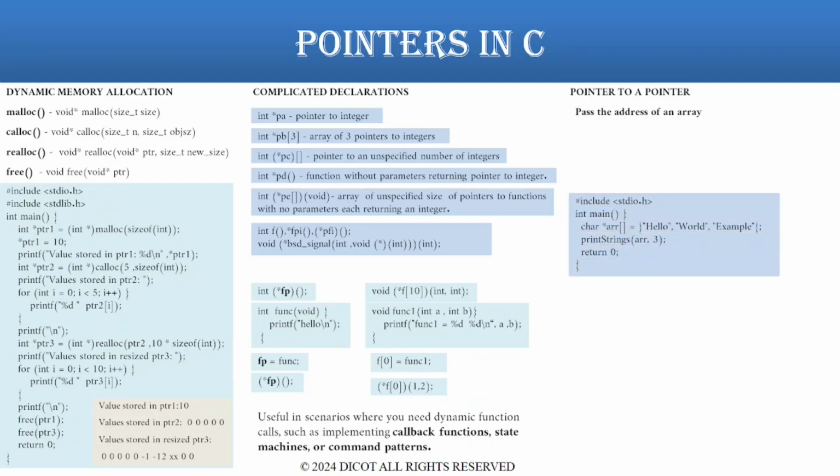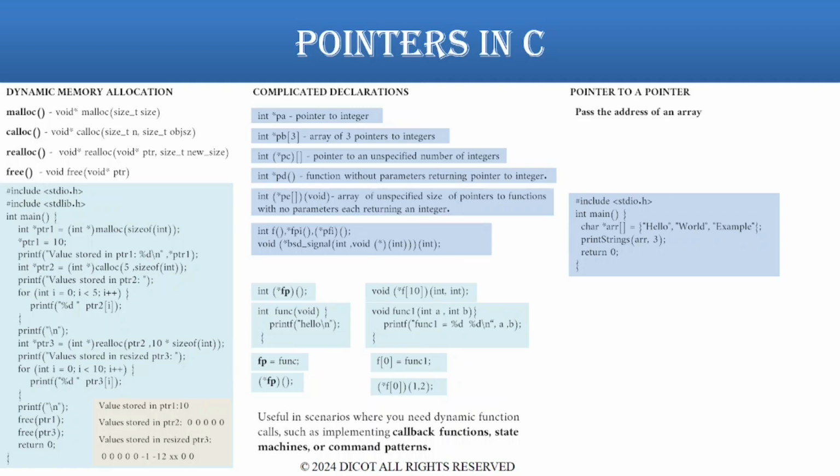Here, we pass the address of an array. Say you have an array of pointers, such as an array of strings. ARR is an array of character pointers initialized to the values hello, world, and example. Hello, world, and example are 3 strings. This line declares an array of strings.